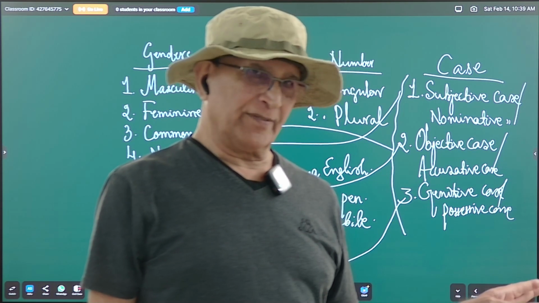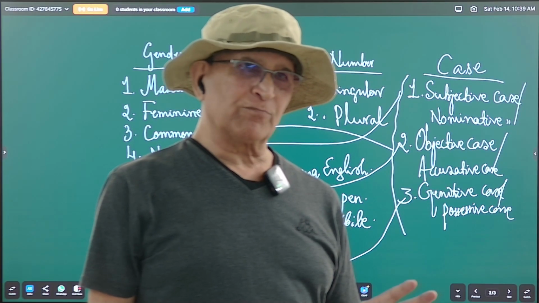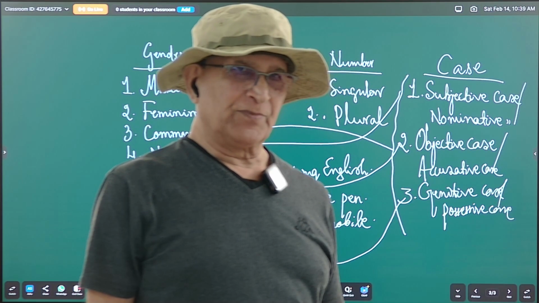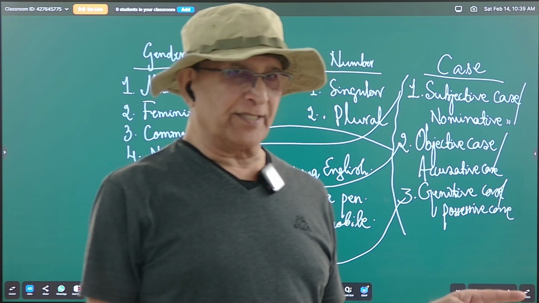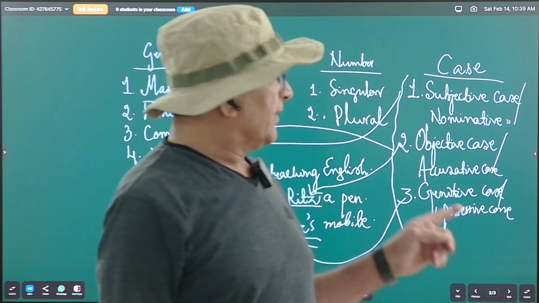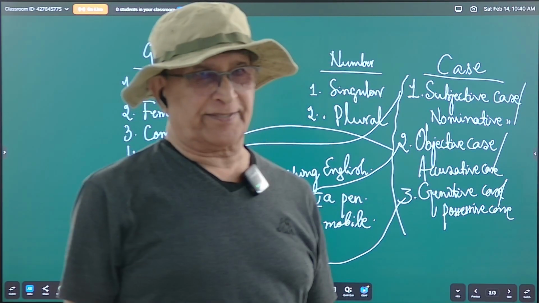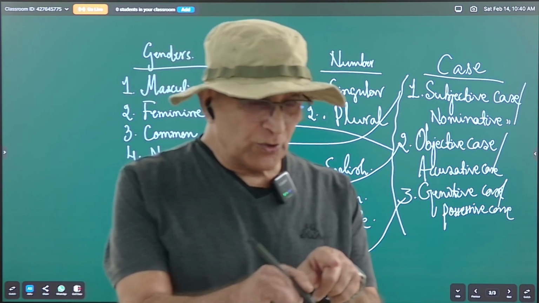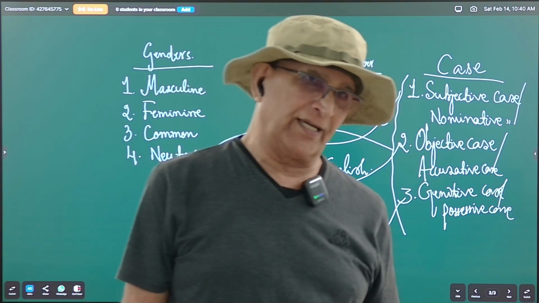So these are all possessive cases. Are you clear about these three cases? Subjective or nominative case, objective or accusative case, and the third one is genitive case or possessive case. According to the usage in the given sentence, you can have their nomenclatures.